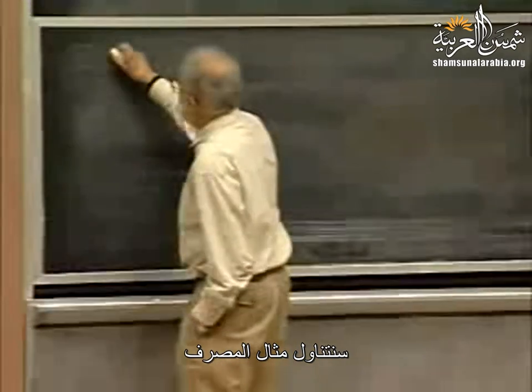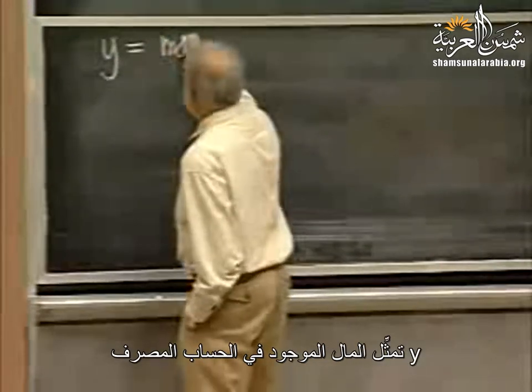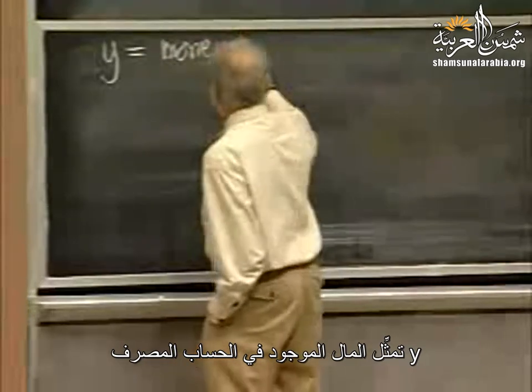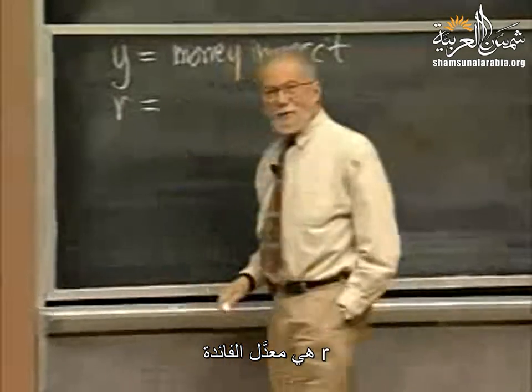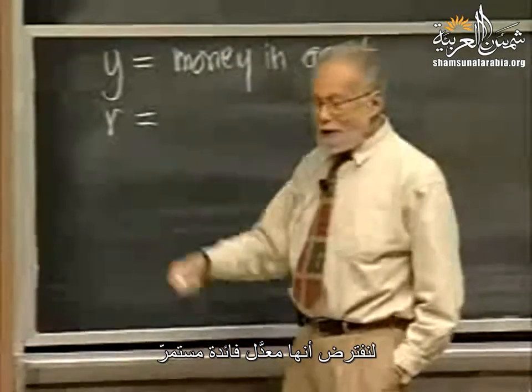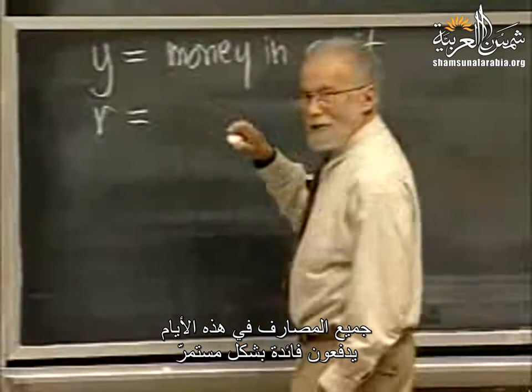All right, so let's do our bank account. So Y is money in the bank account. R is the interest rate. Let's assume it's a continuous interest rate. All banks nowadays pay interest continuously.